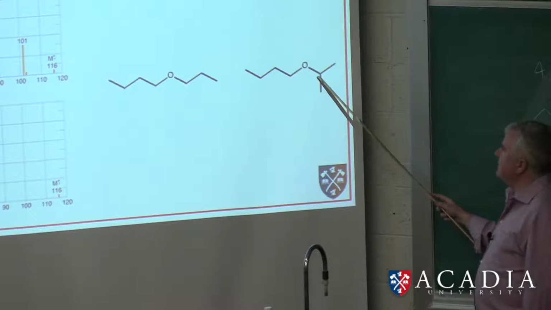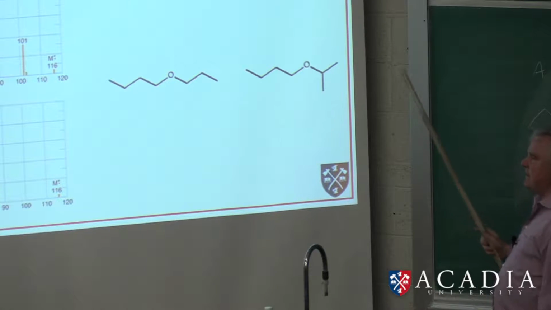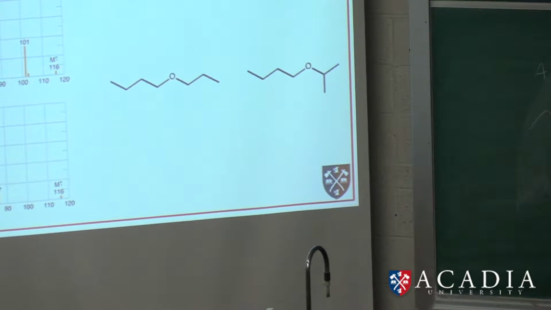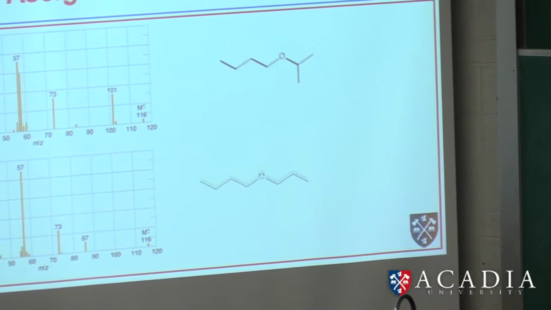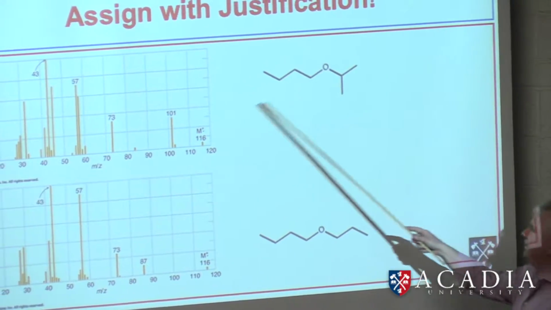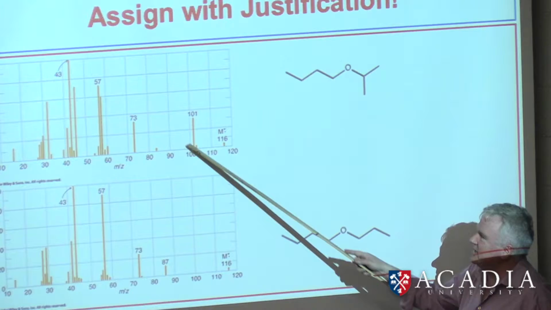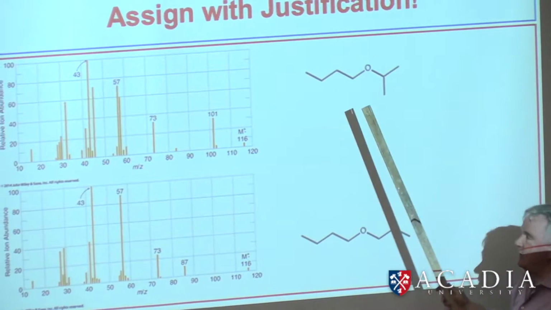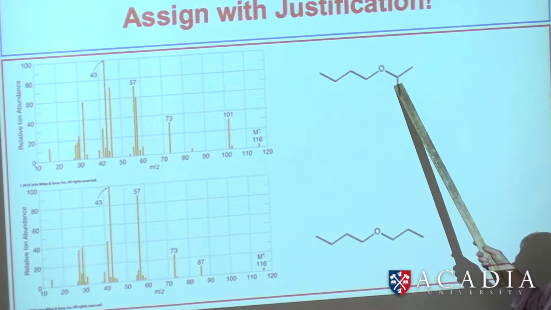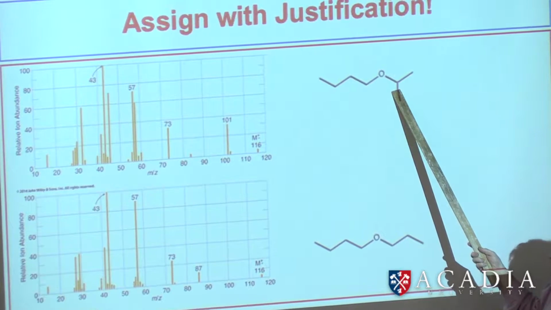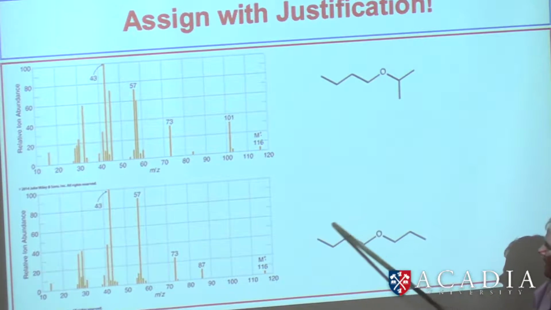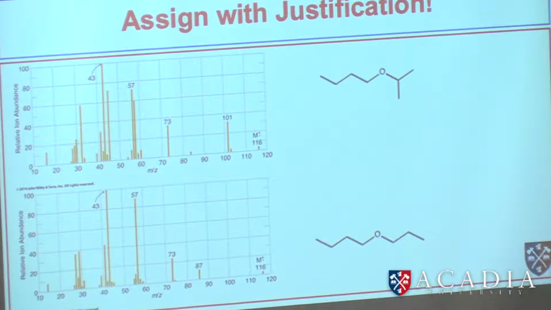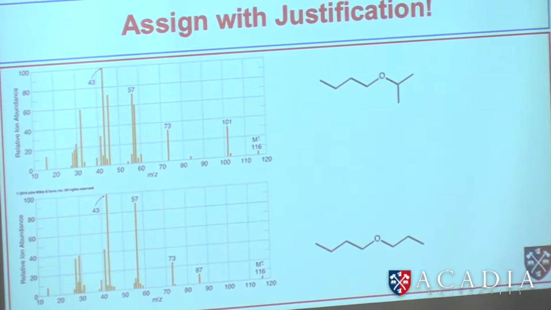So we expect that this might be a fairly stable peak, and indeed that is. This is the mass spectrum for this compound, and that's how we can tell the difference between these two, because we have an opportunity to form a secondary carbocation with this one. In this one, we don't have an opportunity to form a secondary carbocation.